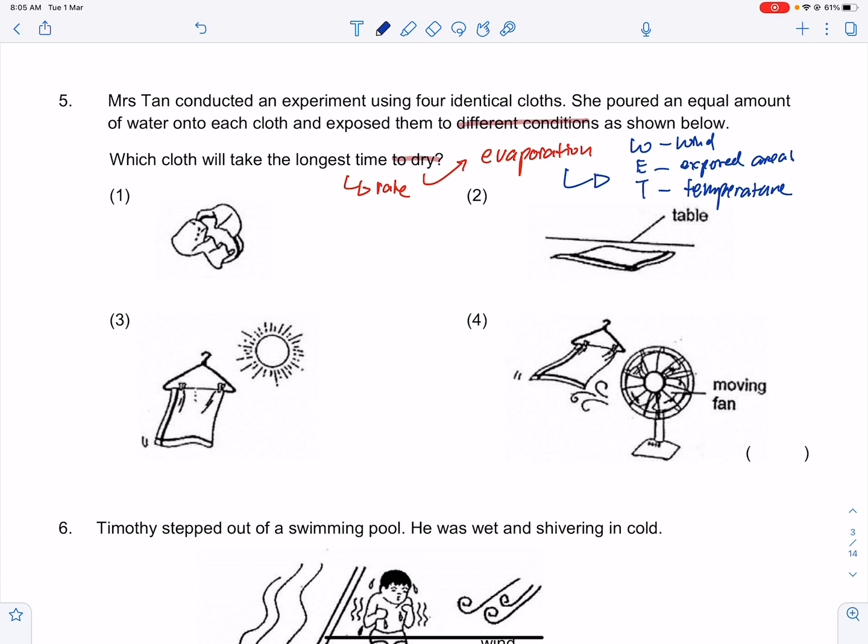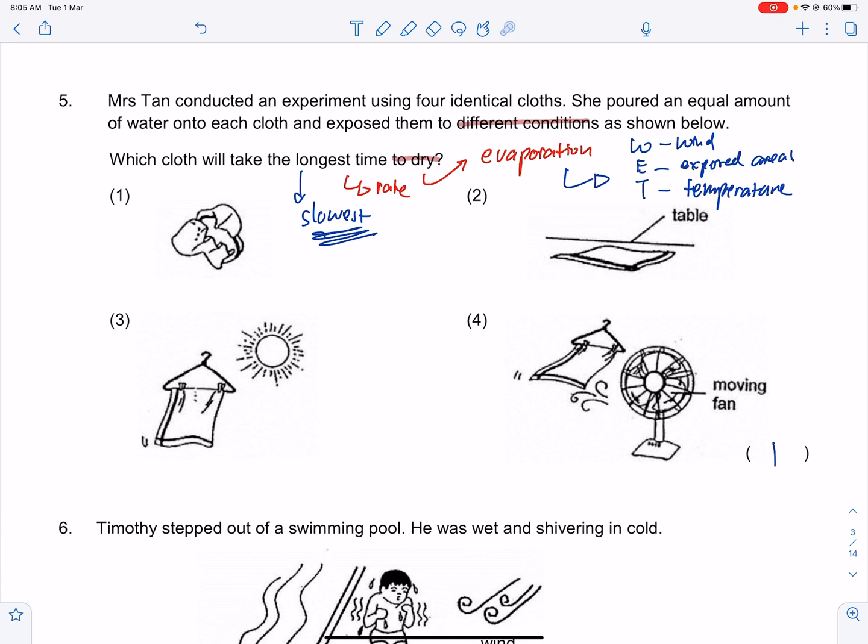So which one takes the longest time? Longest means slowest, right? Has the lowest rate of evaporation. So looking at it, comparing, the answer would actually be 1.